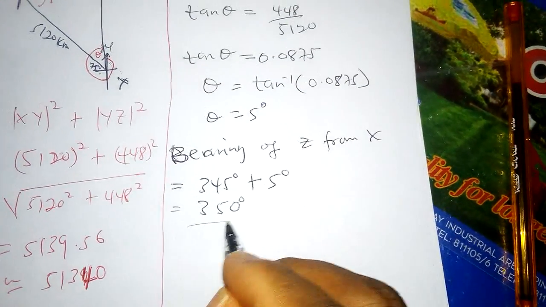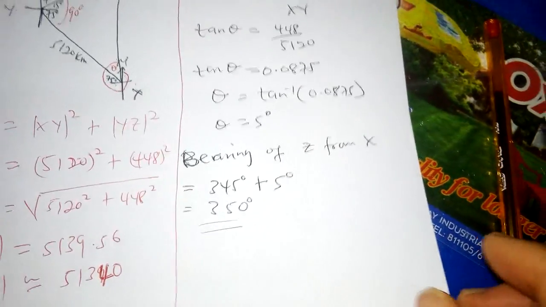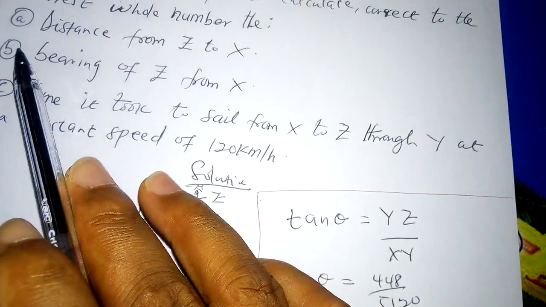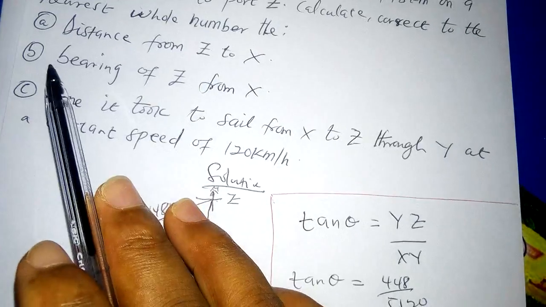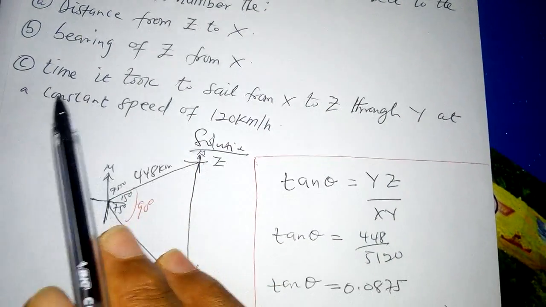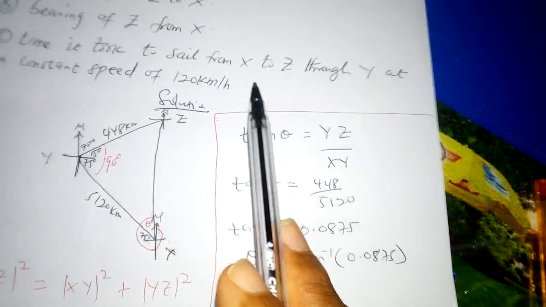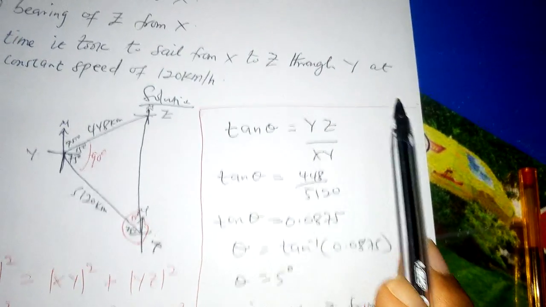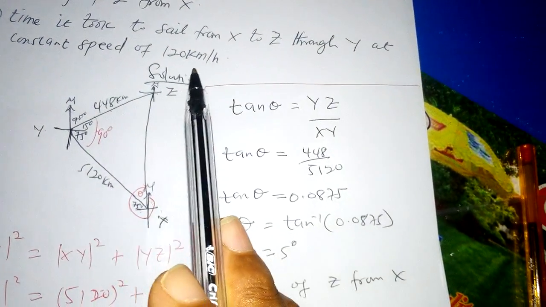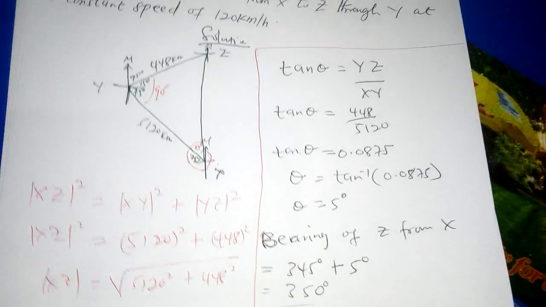So that's the bearing of Z from X. Now we have solved for the a and the b, so now we are going to solve for the c: the time it took to sail from X to Z through Y at a constant speed of 120 kilometers per hour.